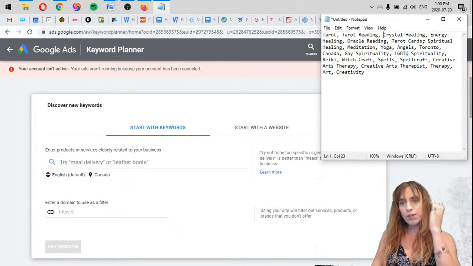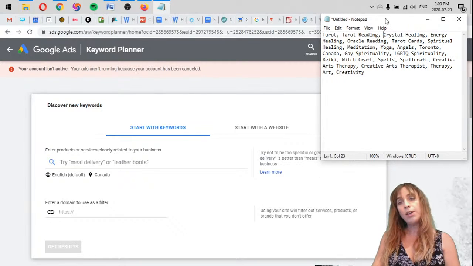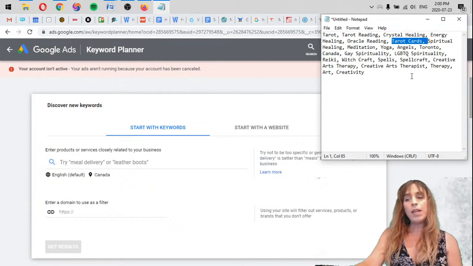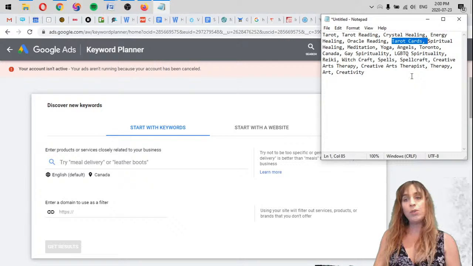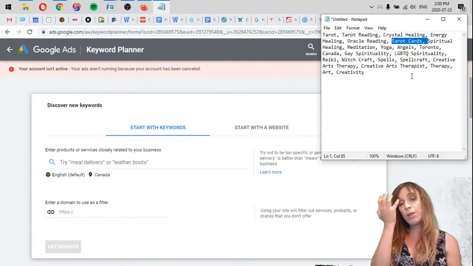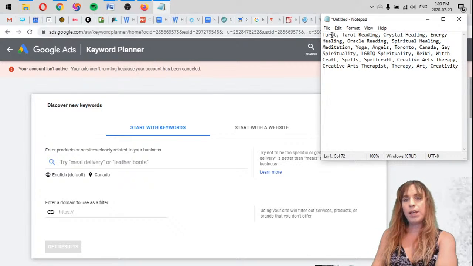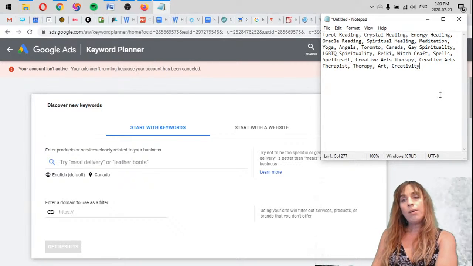Energy healing, crystal healing, sure, we can give those a shot. Tarot cards, again, is someone looking to buy some tarot cards, or are they looking to get someone to do a tarot card reading for them? So without the modifier reading in there, I would take it out. Ditto with tarot. Spiritual healing, sure.